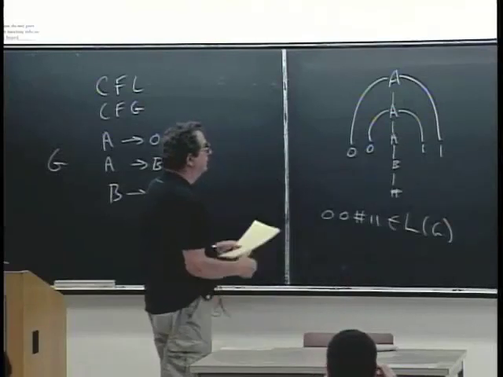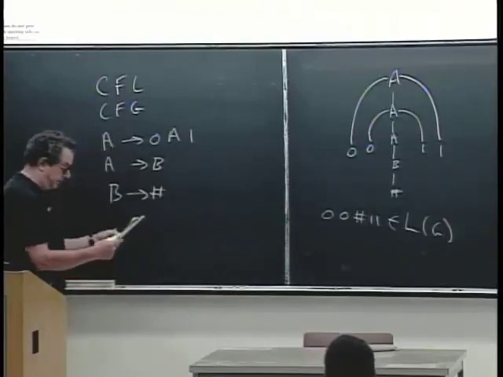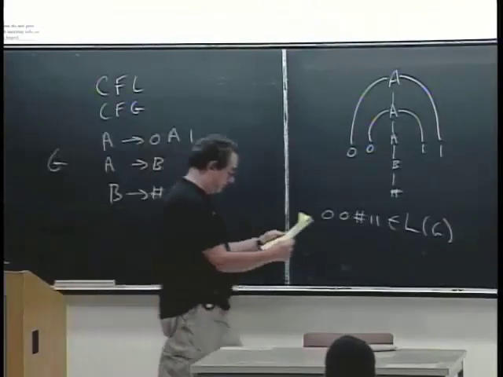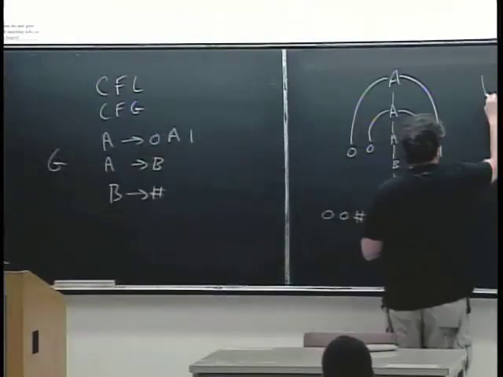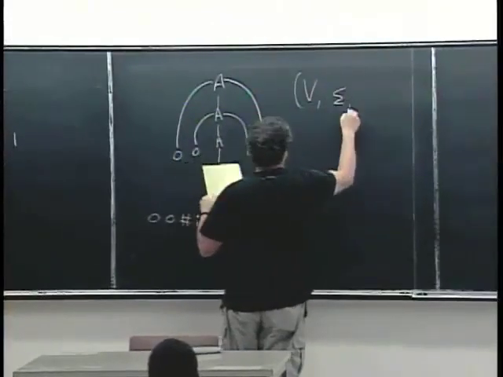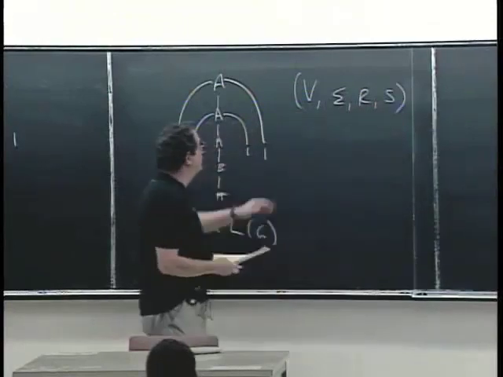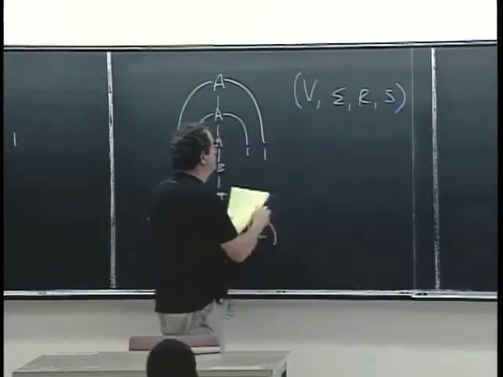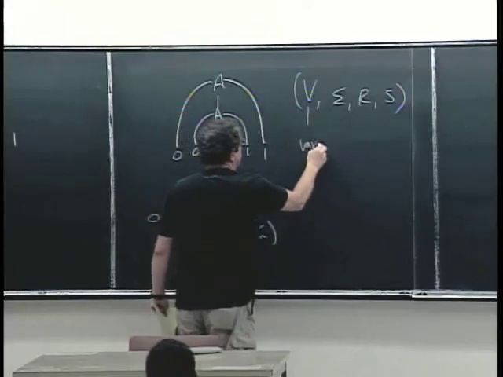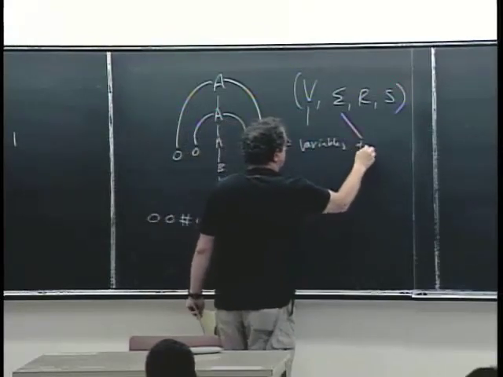Okay, so a context-free grammar, well then I put up a general description of what a grammar consists of. It's this four-tuple where this is the set of variables. This is the terminal alphabet.